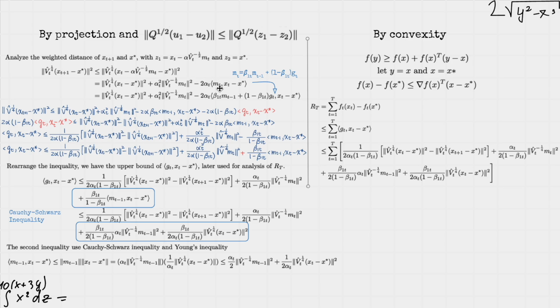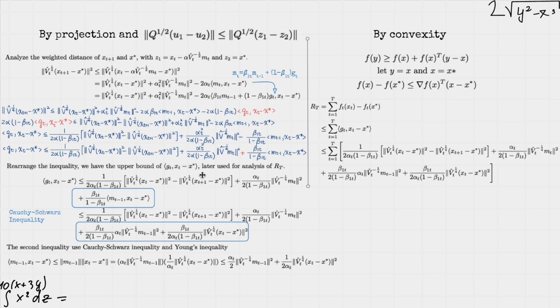And we can further expand mt according to its own definition, where mt is the weighted sum of mt minus 1 and gt. What we want is the upper bound of the dot product between gt and the optimality gap xt minus x star. Therefore, by rearranging the terms, we have the upper bound of gt and xt minus x star right here.